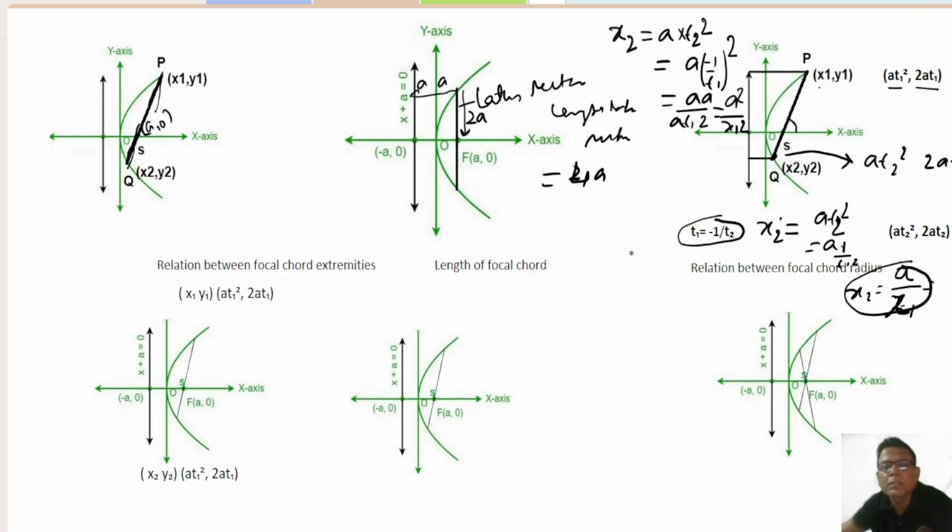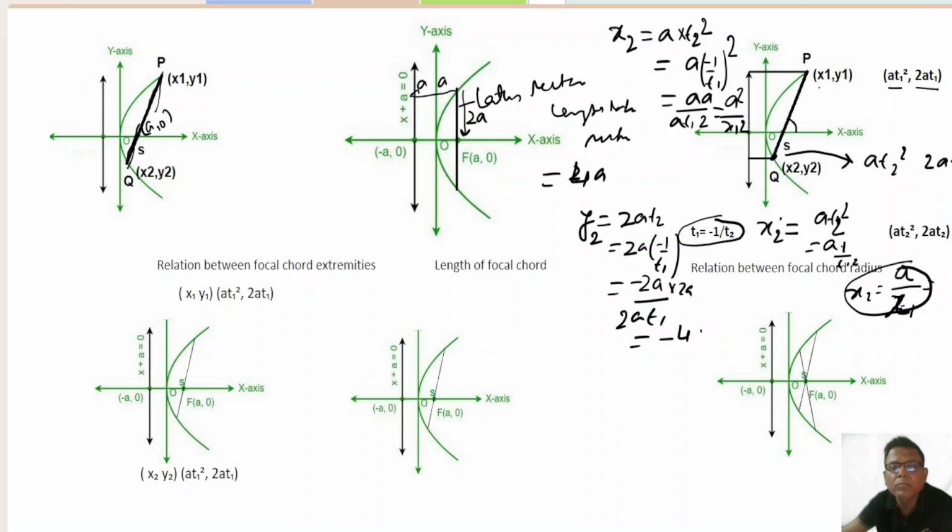Similarly, you can calculate y2, which is equal to 2a t2. 2a t2 means 2a into minus 1 by t1, so minus 2a by t1, multiplied by a and a, so that is equal to minus 4a square divided by y1.